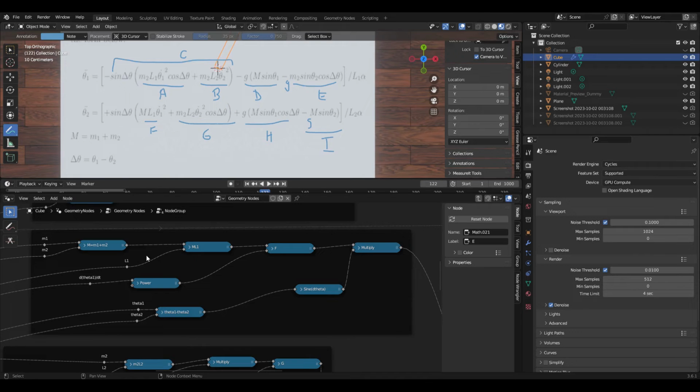Then here I have capital M being M1 plus M2, and then L1 is being multiplied by that to get ML1.